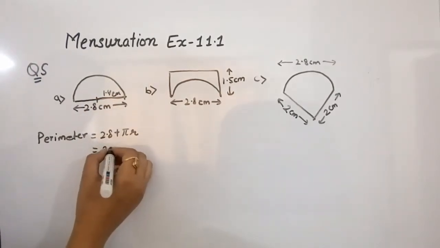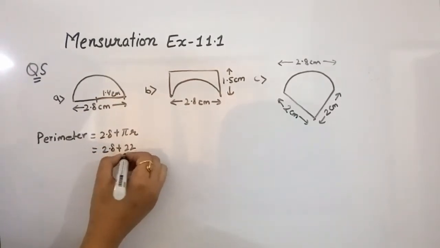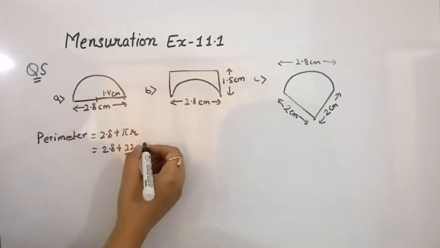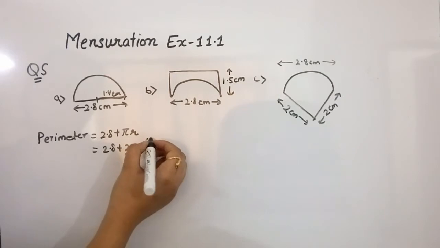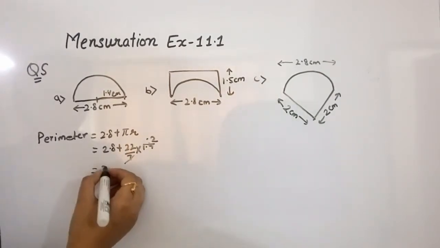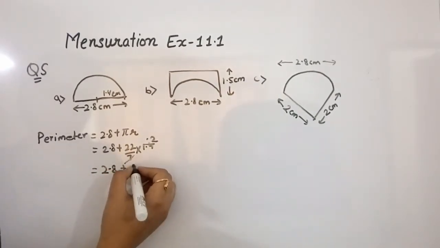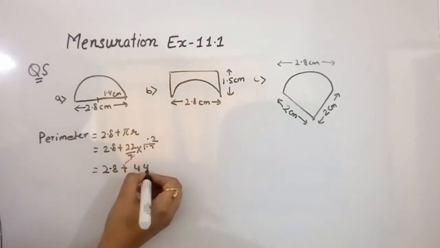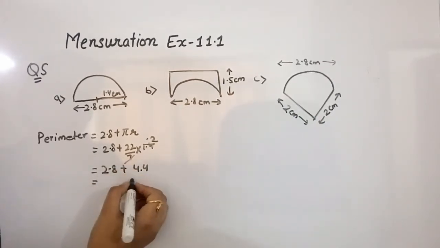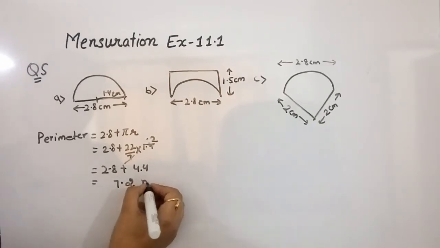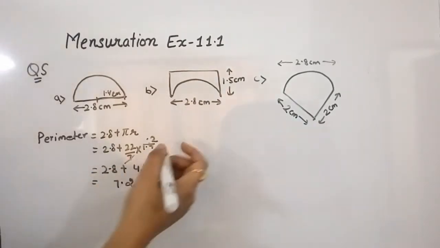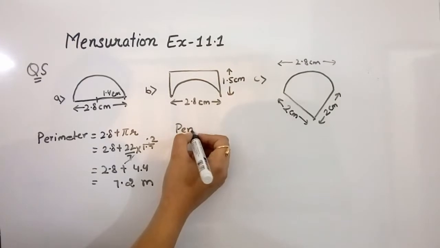So 2.8 plus 22 by 7 into 1.4, that is 2.8 plus 4.4, which comes out to be 7.2 meter.